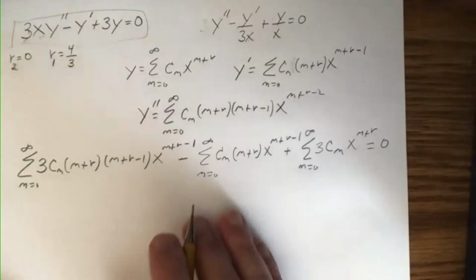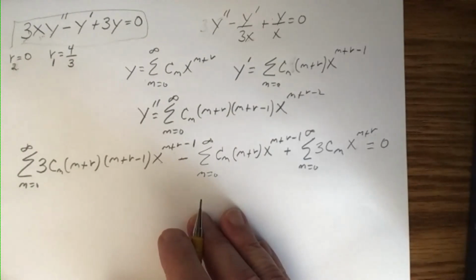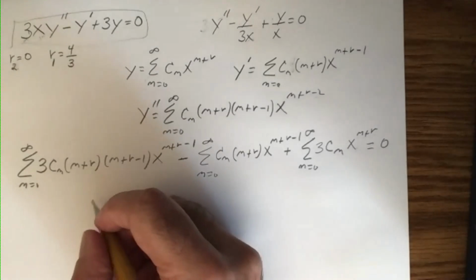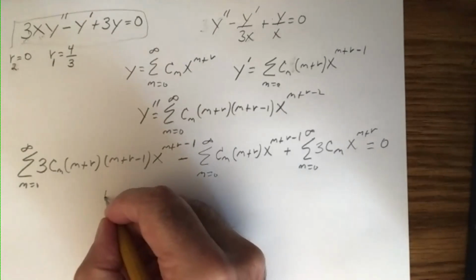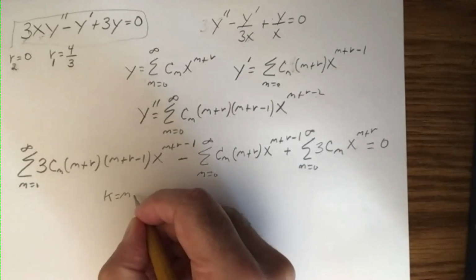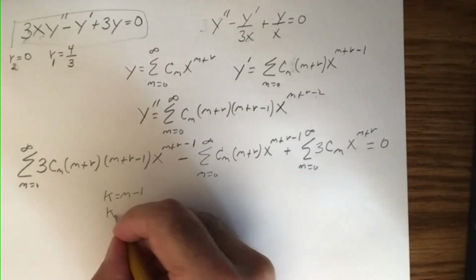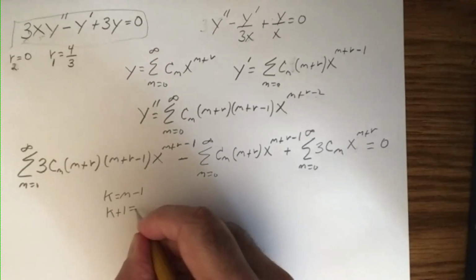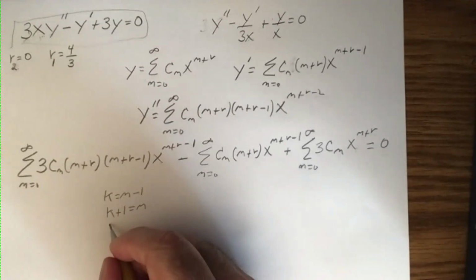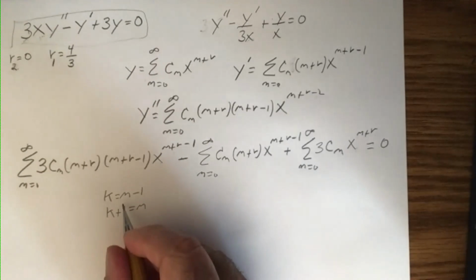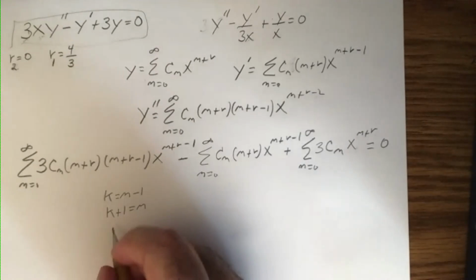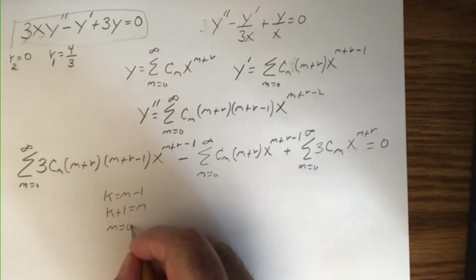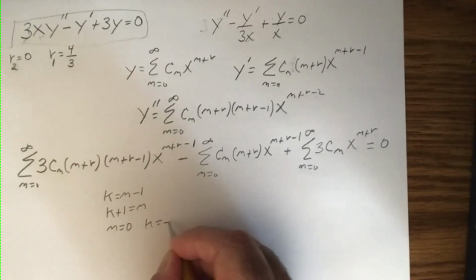All right. So the way I like to do it, I'm going to make a change of variables. I'm going to say that k is equal to n minus 1. So therefore, k plus 1 is equal to n, and when n is equal to 0, k is equal to minus 1.